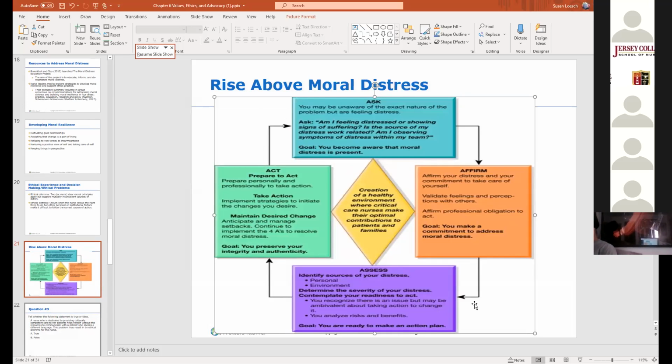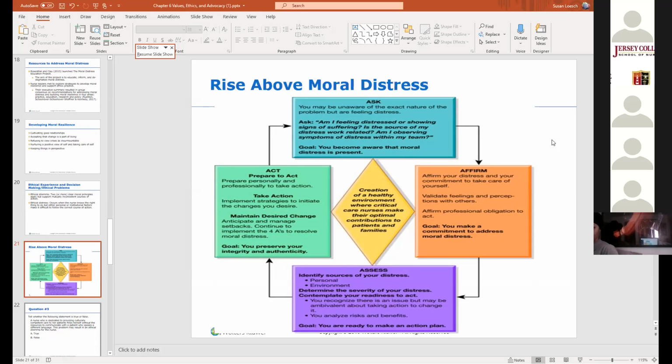So again, is it causing you distress? Chances are, if it's something that your boss wants you to do, but you're not in agreement with it, because it could cause harm to your employees or to the patient, that is going to cause you a lot of distress.